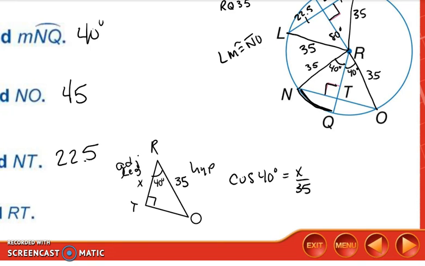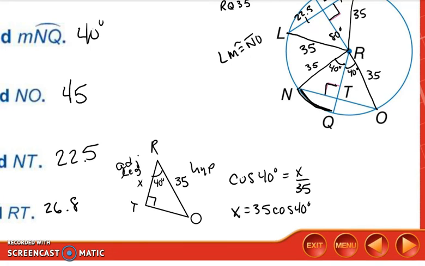So RT, or x, is going to equal 35 times the cosine of 40 degrees. So if I do that on my calculator, 35 cosine of 40, I end up with 26.8.